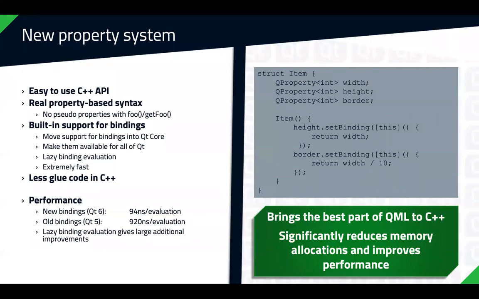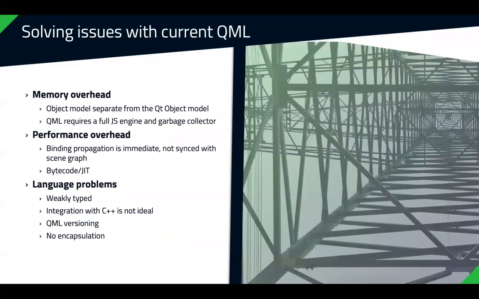And there's more, and the lazy binding evaluation will give additional improvements on top of that. We are also working on solving a couple of issues that we've identified with current QML. It has some memory overhead because the object model is separate from the Qt object model.